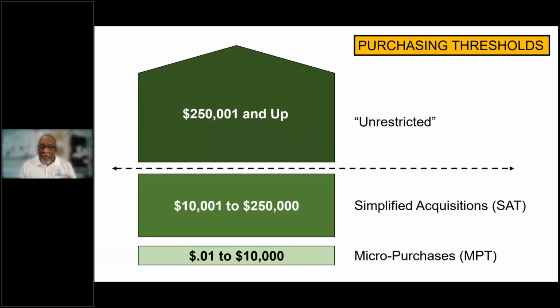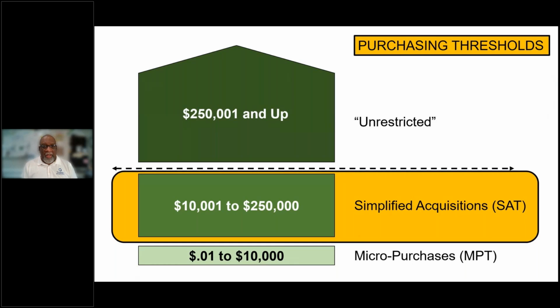So this is where all the activity happens that is not focused on small businesses exclusively. Today we're going to talk about the simplified acquisition threshold, SAT, threshold with the T, and simplified acquisition procedures, SAP, with the P for procedures. And this is where we're going to focus today.